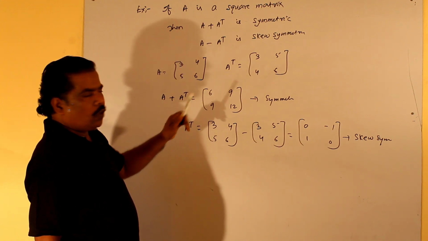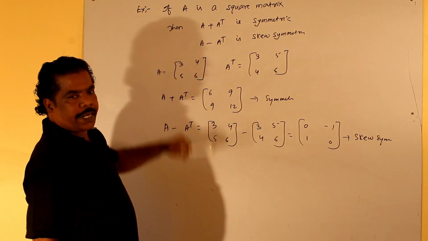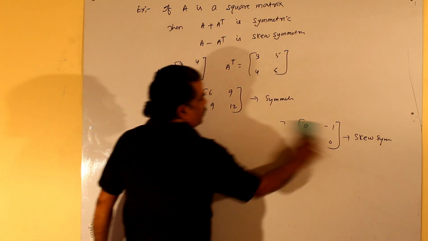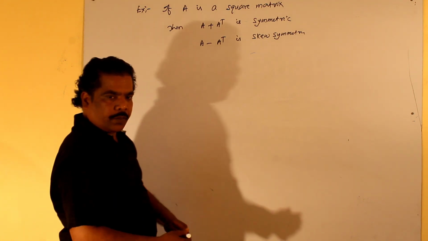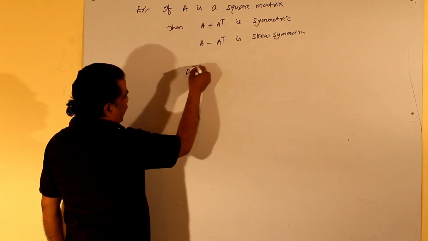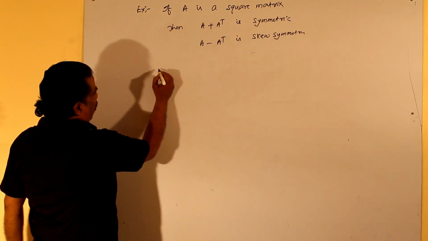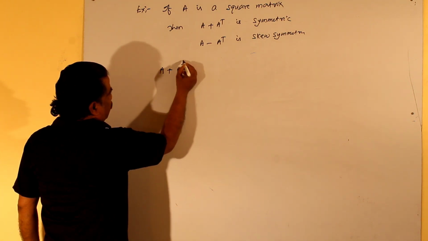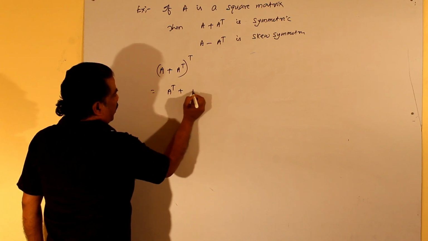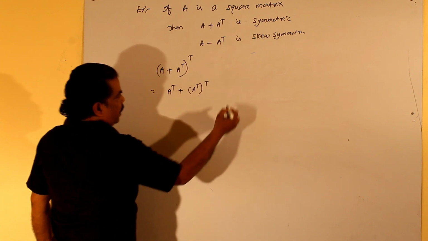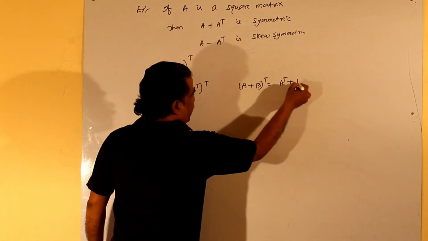Now, taking examples, we show that A plus A transpose and A minus A transpose are symmetric and skew symmetric. Now we prove that A plus A transpose is symmetric. A matrix is symmetric if A transpose is equal to A. Now find the transpose of A plus A transpose, that is equal to A transpose plus A transpose transpose, since transpose of A plus B is A transpose plus B transpose.